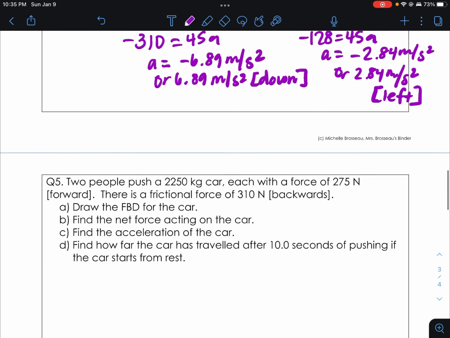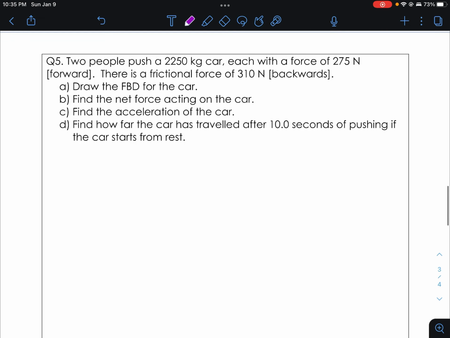All right, question 5. Two people push a 2,250 kilogram car, each with a force of 275 newtons forward. There's a frictional force of 310 newtons backwards. A, draw the free body diagram. 2,250 kilogram car.